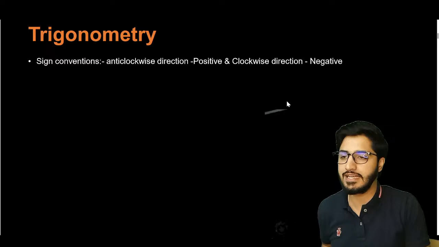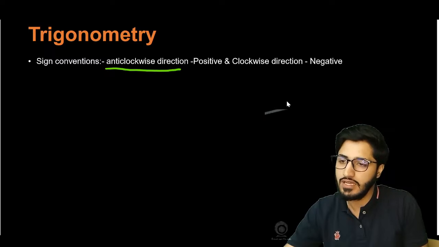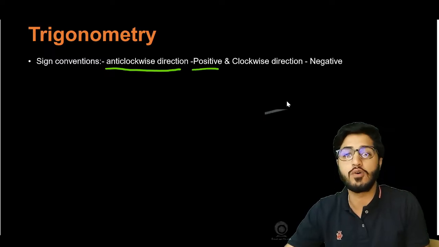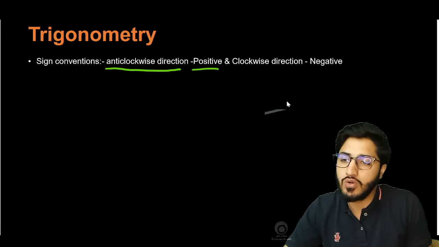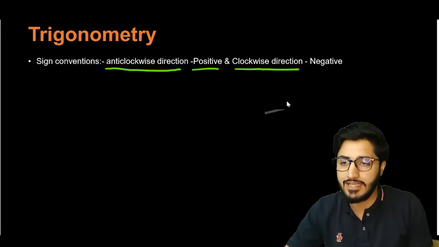So what are these sign conventions? If you are rotating your line in an anti-clockwise manner, we assume the angle to be positive. And if we rotate it in a clockwise direction, we assume it to be negative.